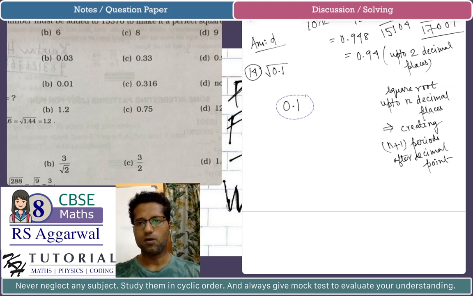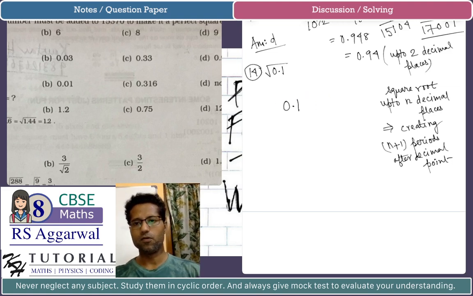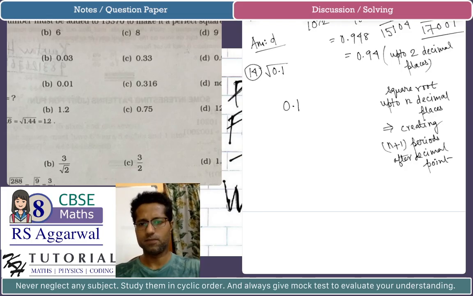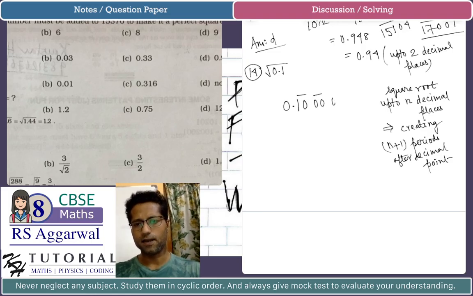How do I create 4 periods after the decimal point? I will add as many zeros so that 4 periods are created. As simple as that. I added 1 zero, so after the decimal point, 1 period is created. I add another 2 zeros, the second period is created. I add another 2 zeros, the third period is created.